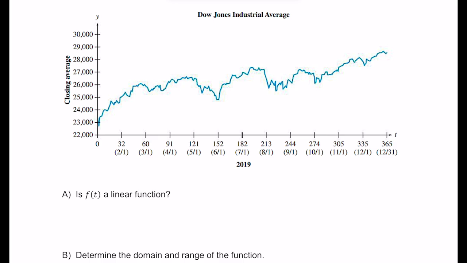It's non-linear, right? Now, could you use a linear function as a rough approximation? Yes, if you're in a statistics class, if you were looking at a scatter plot, you could use a line to roughly approximate, but it is not linear since it doesn't have a constant rate of change and it is increasing and decreasing all over.